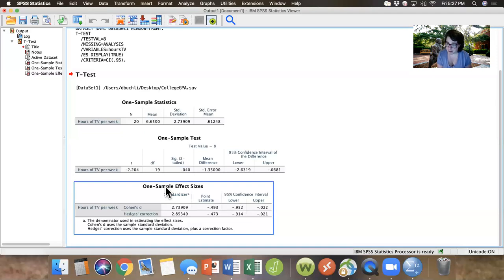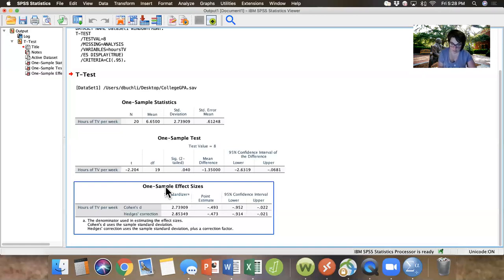And then just some punctuation things. Make sure that you are italicizing all of your statistics. So your sample mean, your n and your standard deviation, those should all be italicized. And you also always want to round to 2 decimal places when you're reporting your descriptive statistics, but round to 3 places when you're talking about your p-value, okay?